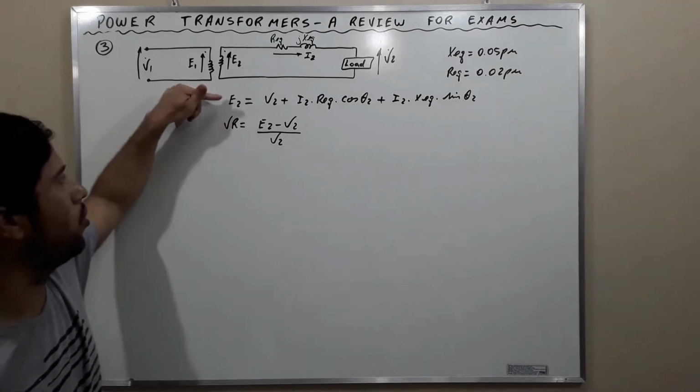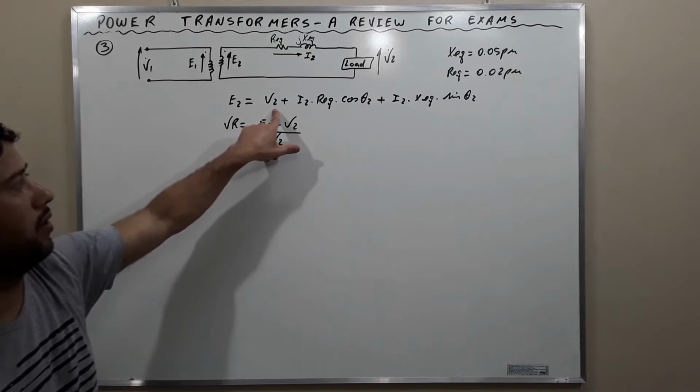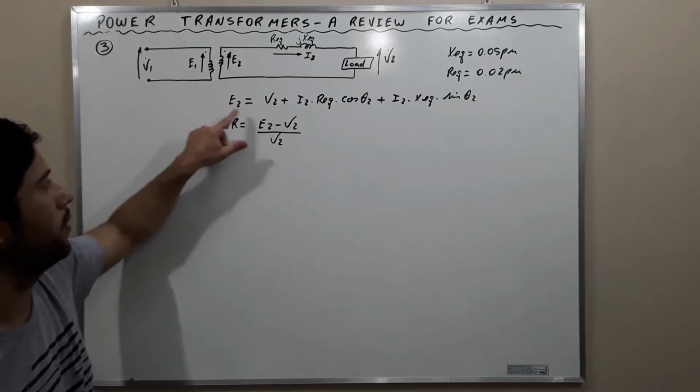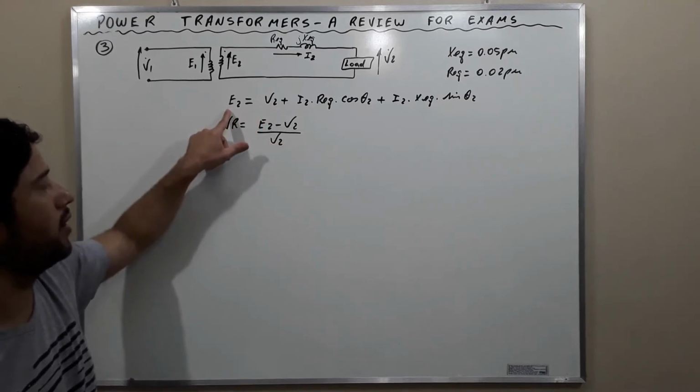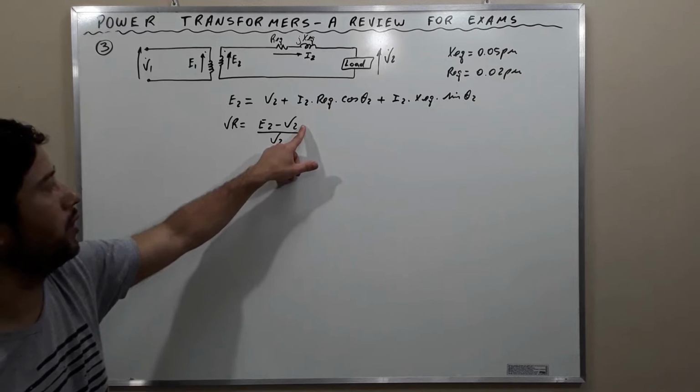From this, and working on this equation here, we simply pass V2 to this side, it becomes E2 minus V2, okay?